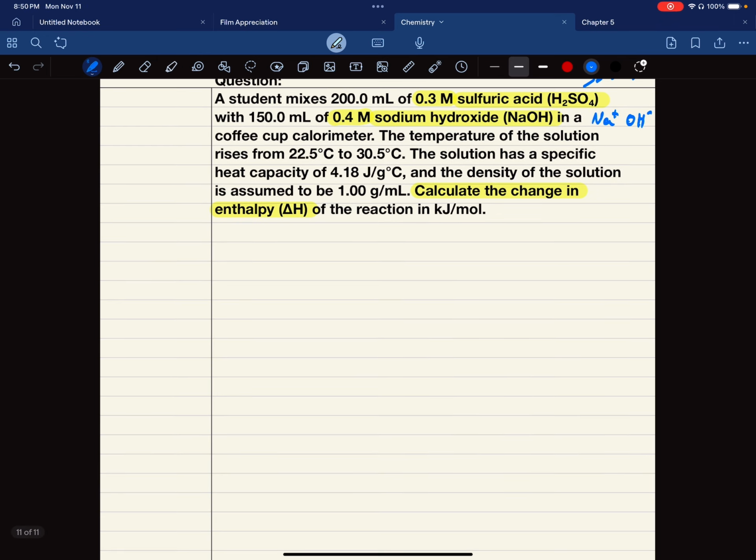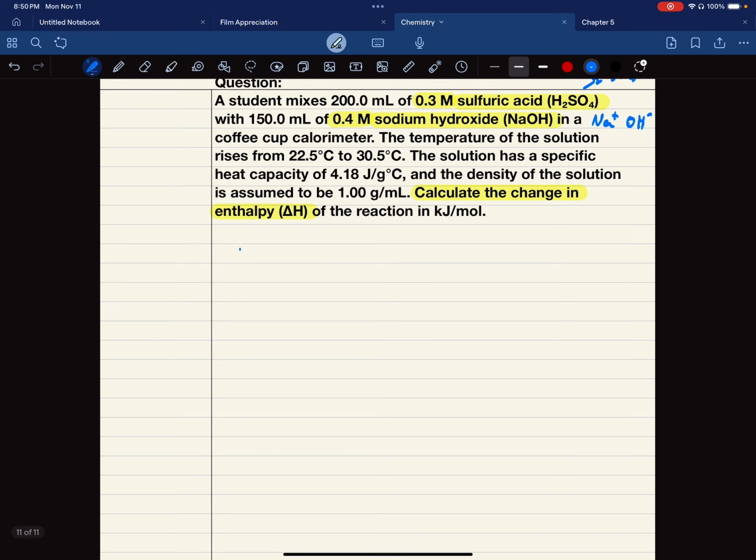So first of all, we'll write a balanced equation that would give us NaOH aqueous. And we know these are aqueous because molarities are given.